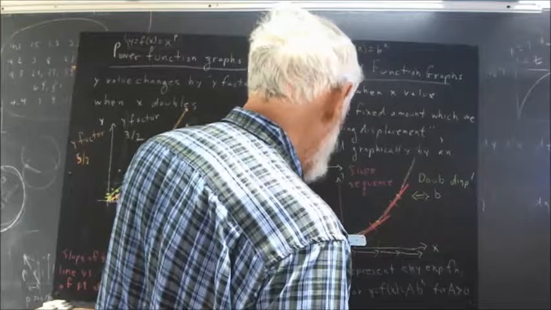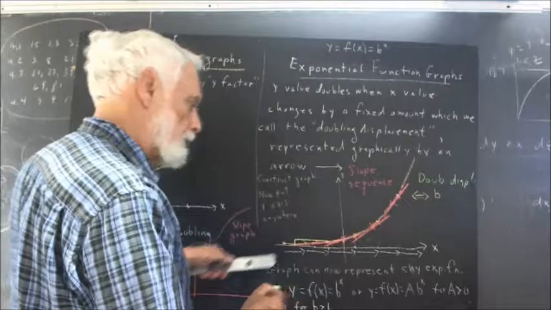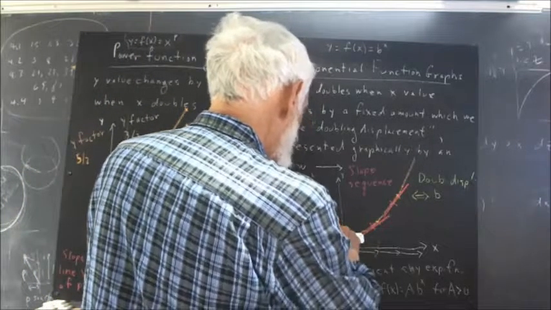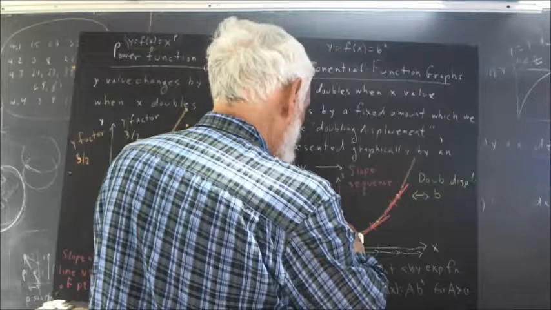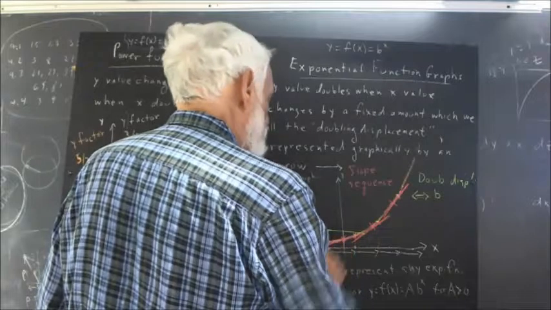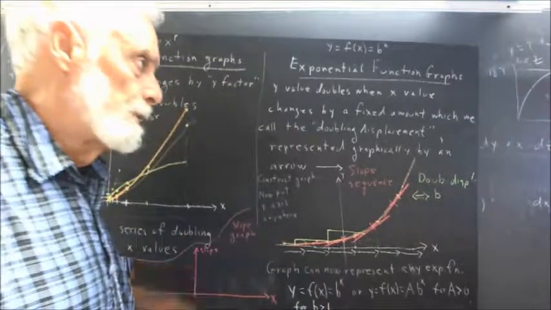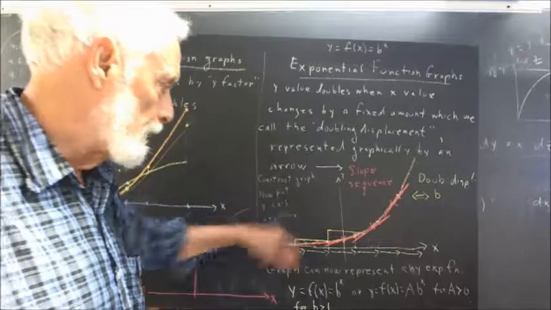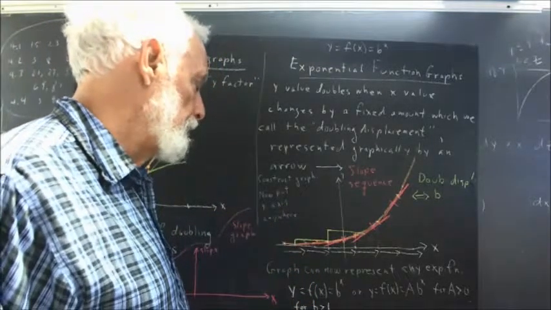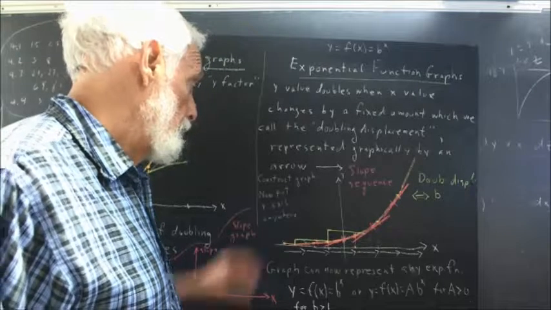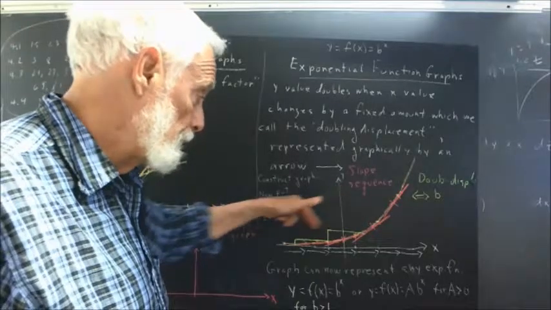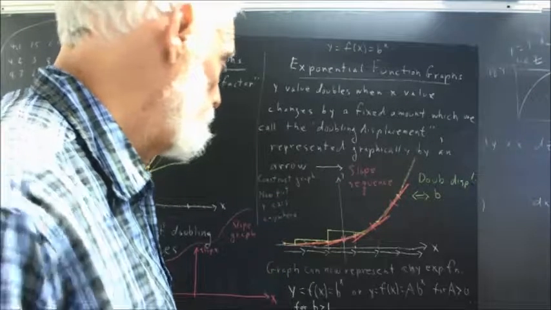So I want my run to be the same as it was on the first graph, and then I can simply compare the rises to see how the slopes compare. In other words, if the run is the same, then if the rise here is twice as great as the rise here, then it follows that the slope is going to be twice as big because I'd be dividing the rise by the same run in both cases.